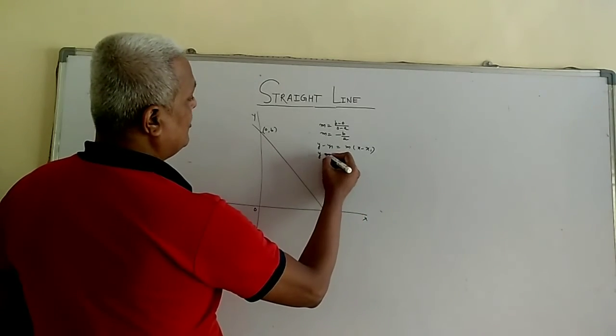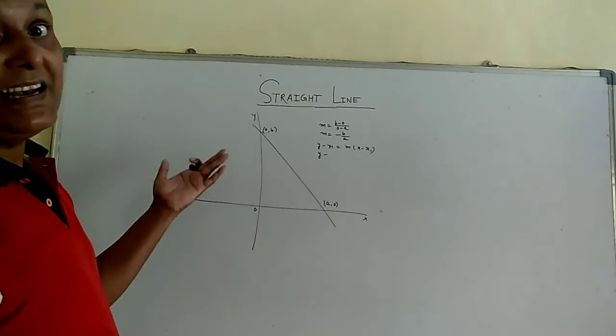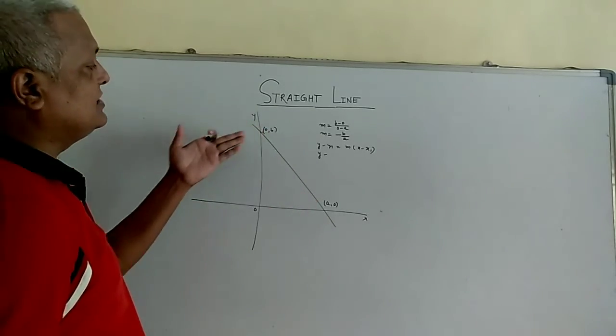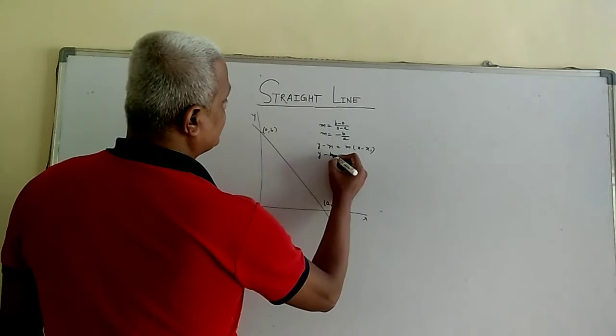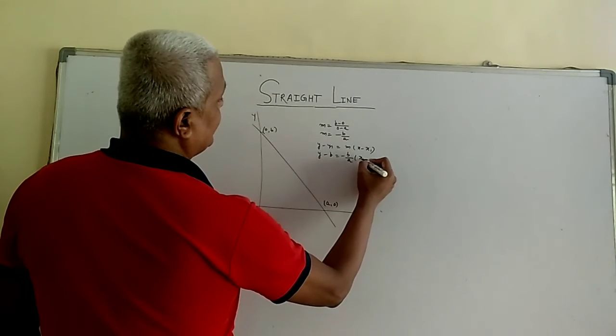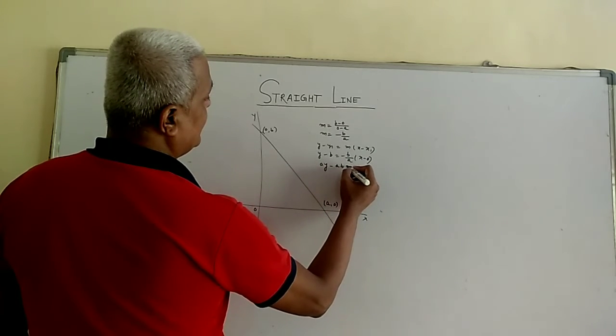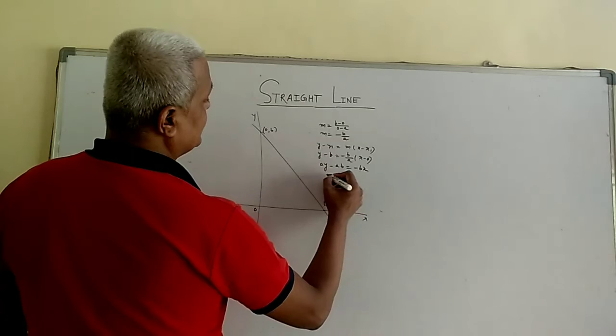Since we will get the same answer even if I take this point or this point, it doesn't make any difference. I will continue to take this (0, b). So y minus b is minus b over a times (x minus 0), cross multiply, ay minus ab is minus bx.